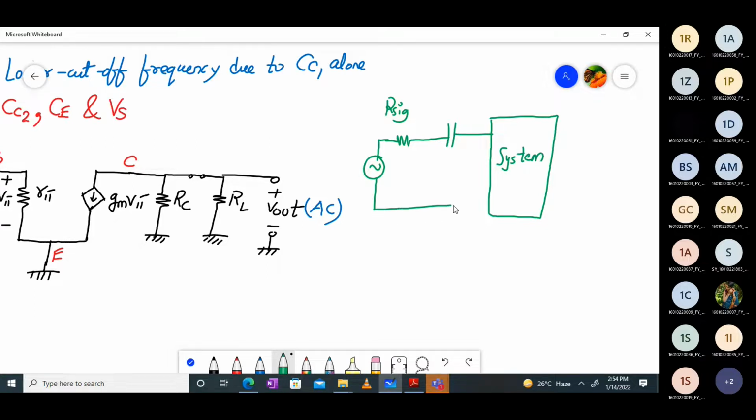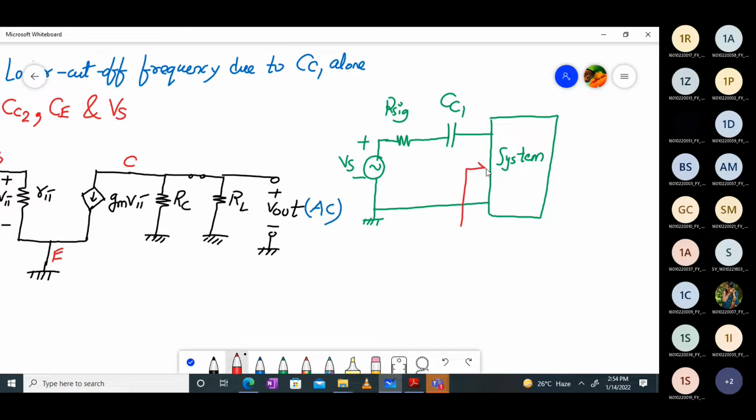And this is a terminal also, right? This is connected to the ground. So this is my small signal voltage source Vs, where R sig is a part of that voltage source, right? Because they are together. This is my CC1.